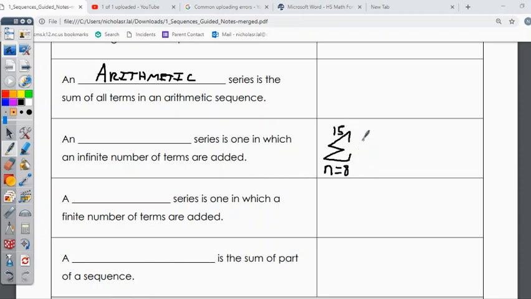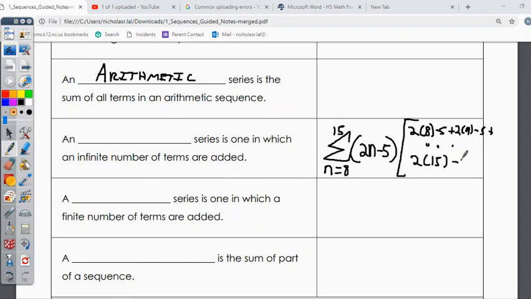And this is of 2n minus 5, right? So an example of this playing out is you would have 2 times 8 minus 5 plus 2 times 9 minus 5 plus, and you keep on doing the pattern until you get 2 times 15 minus 5, and then you stop.